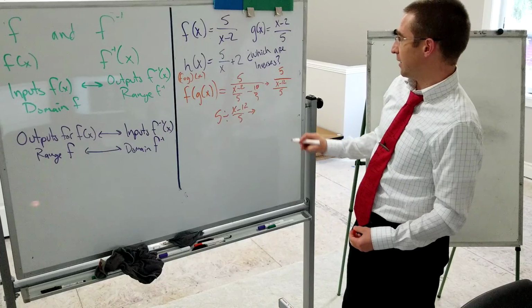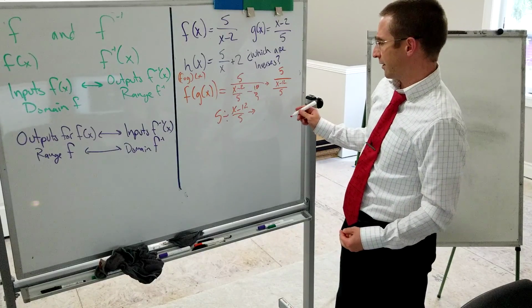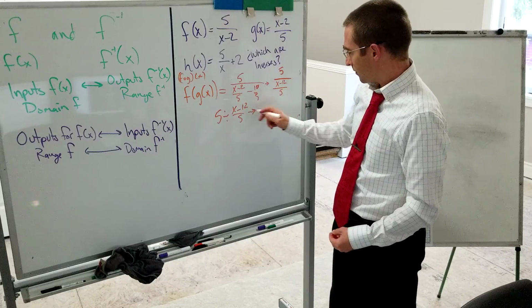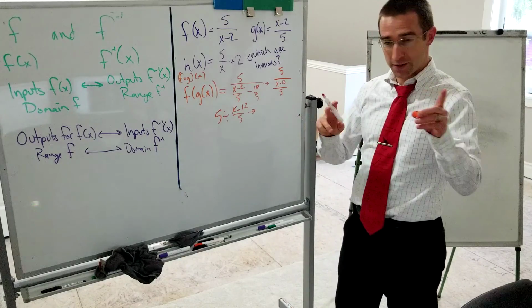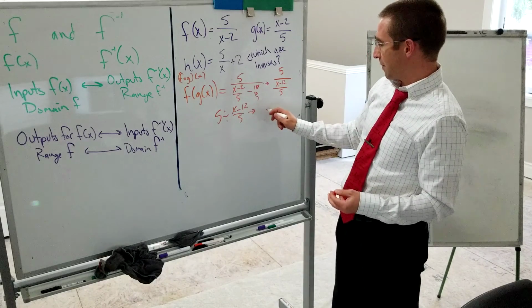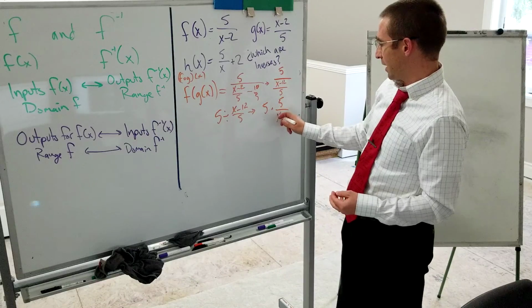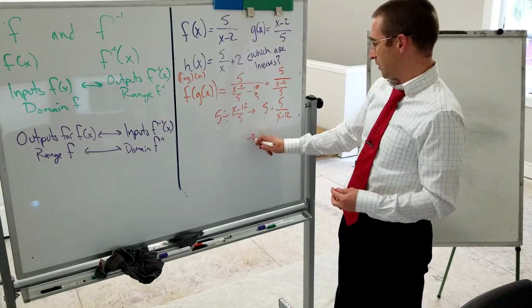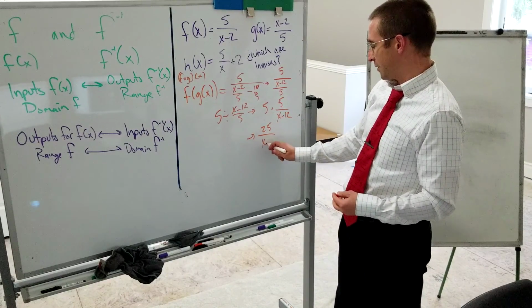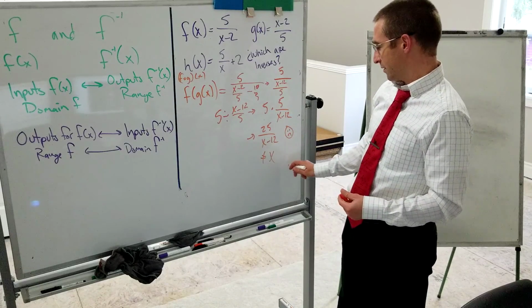Divide, that's flip and multiply, so 5 times 5 over x minus 12, which gives me 25 over x minus 12. That's not equal to x.